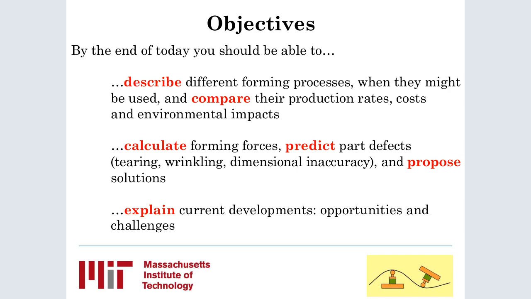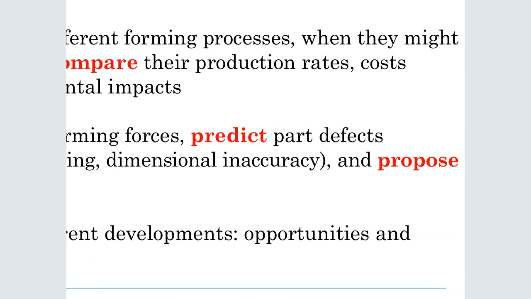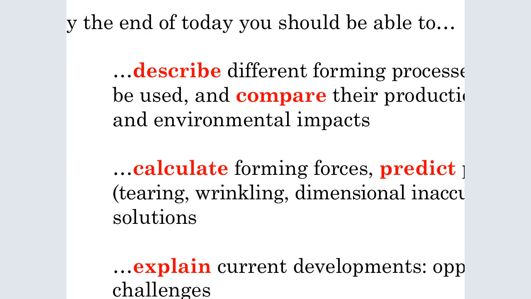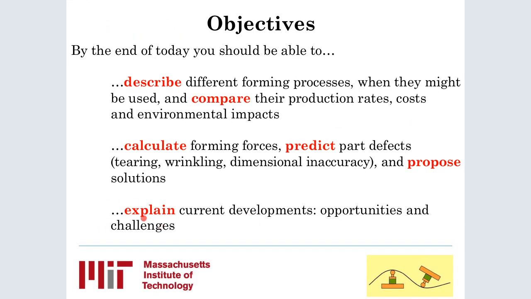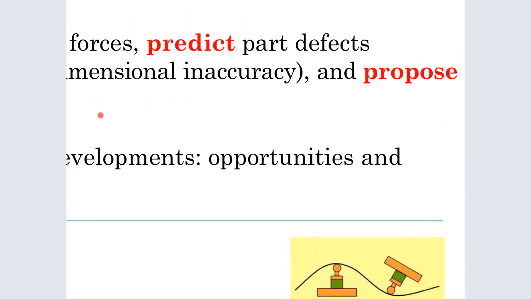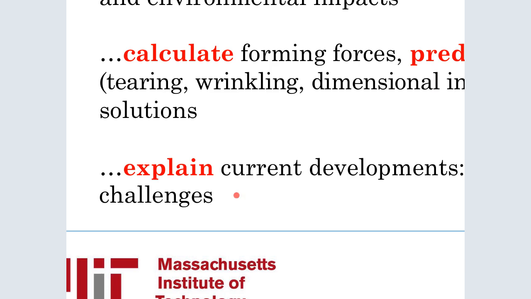Objectives: by the end of this topic, you should be able to describe the different forming processes, when they might be used, and compare their production rates and costs, and compare the cost and environmental impact. We also have to calculate the forces, predict part defects such as tearing, wrinkling and dimensional accuracy, propose solutions, and explain the current developments, opportunities and challenges met in the industry.